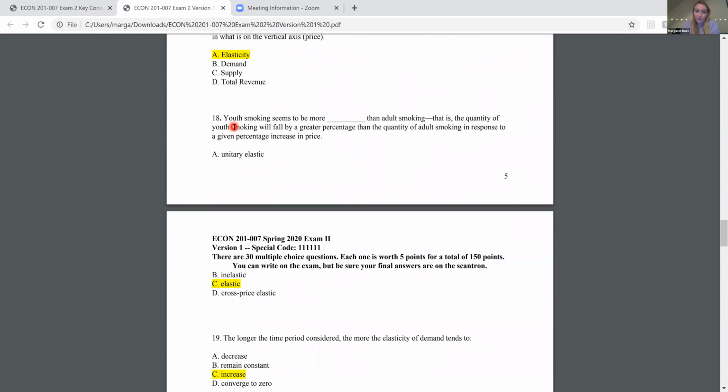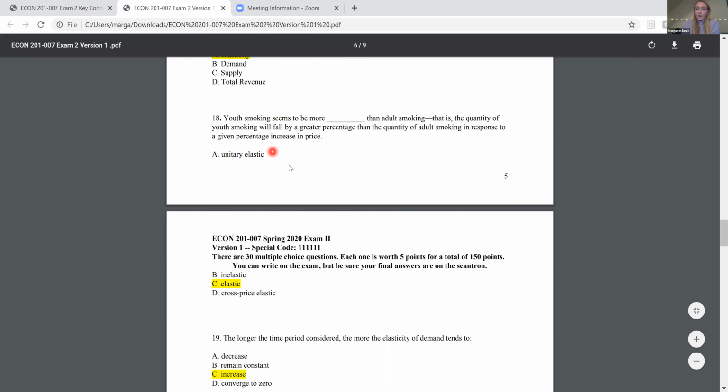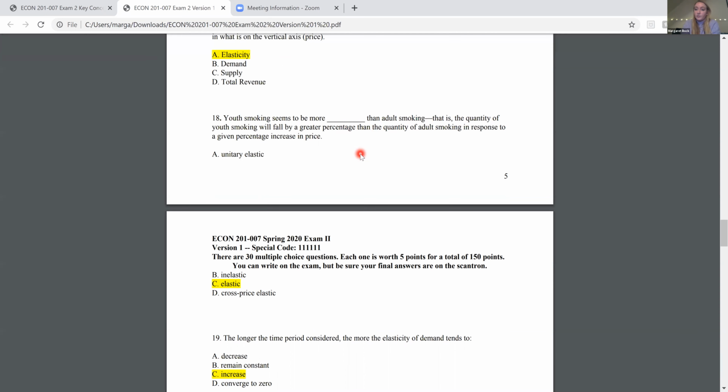18, youth smoking seems to me more blank than adult smoking. That is, the quantity of youth smoking will fall by a greater percentage than the quantity of adult smoking in response to a given percentage increase in the price. So I remember I had quite a few people come into my office hours to talk to me about this question because it was a little bit confusing.